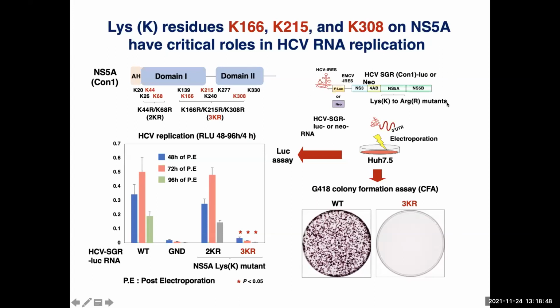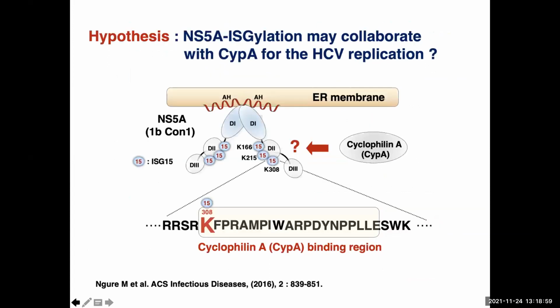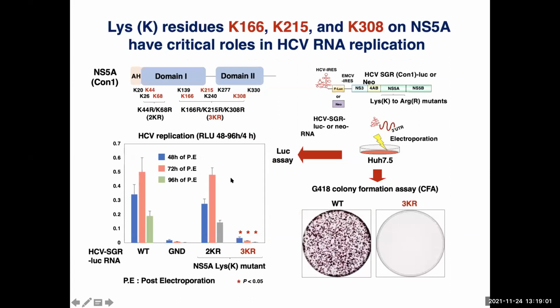Here we used a subgenomic replicon, which replicates. If you put mutations in these 3 lysine residues, this replicon cannot replicate anymore. So this means that these 3 lysine residues are important for HCV RNA replication.